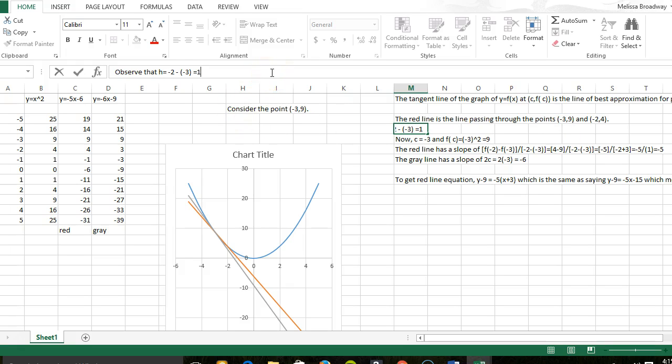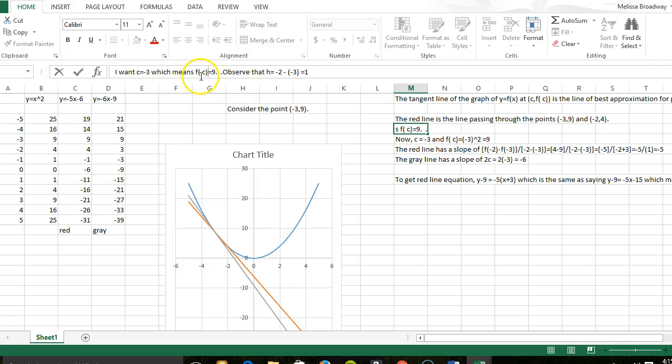So observe that h equals positive 1, and even before that, my c, since I'm focusing on negative 3, 9, I want c to equal negative 3, which means f of c is c squared, which is 9. I'm going to focus on negative 3, 9, so my c value, which is my x coordinate, I want c to equal negative 3.